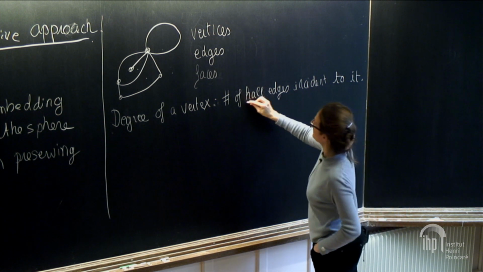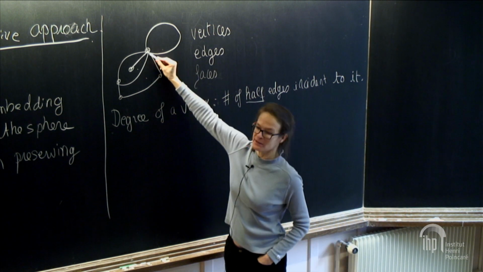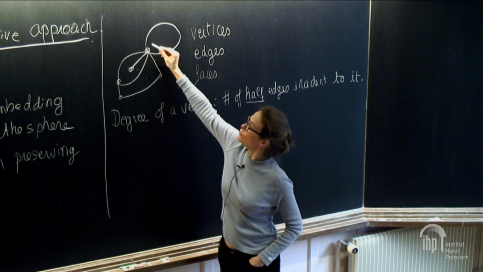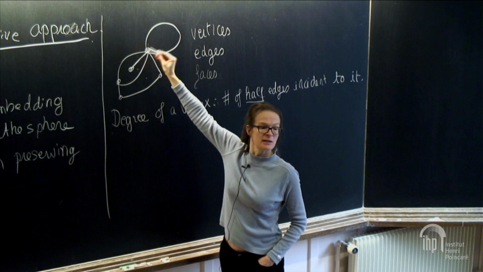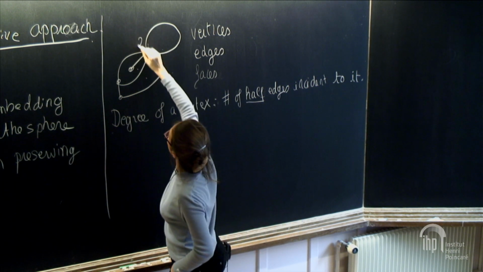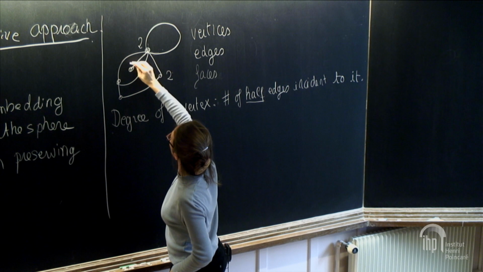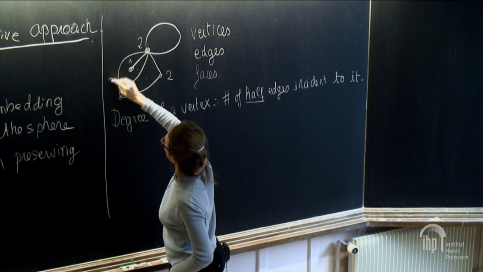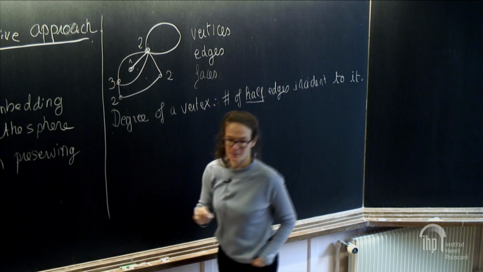So that's important, it's half edges. So for instance, this vertex has degree 2. It is incident to just one edge, but to 2 half edges. So let's write the degree. So that's 2, 1, 1, 2, 3, and 2.